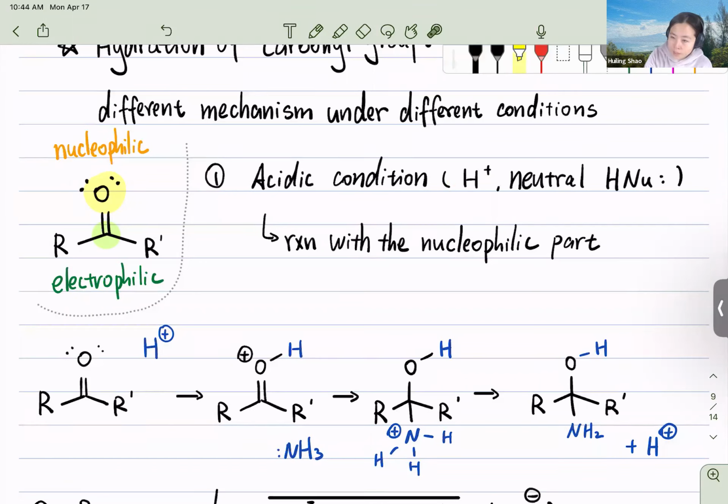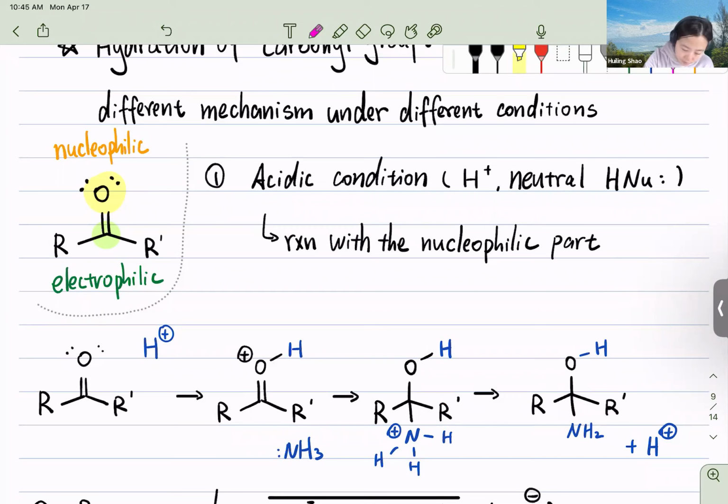And in the reaction mixture, because it's acidic condition, you can only have a neutral nucleophile like NH3. So what does this reaction look like? Again, if I give you all the reactive species, can you do the arrow pushing mechanism to complete this process? How should we do it?